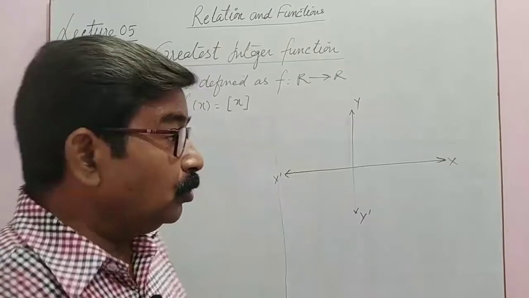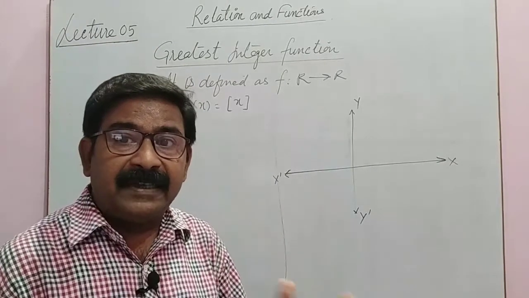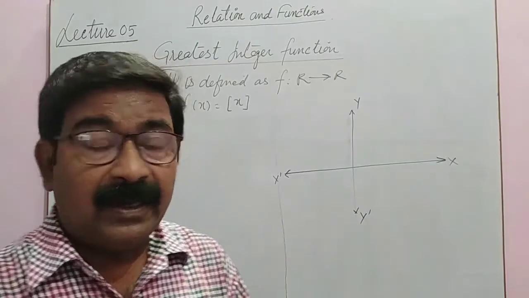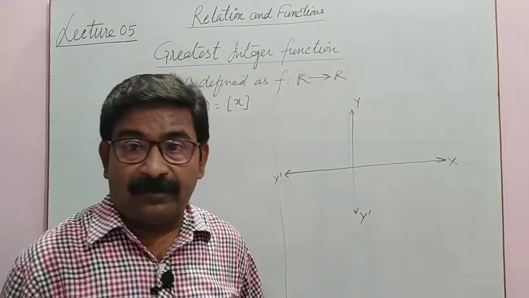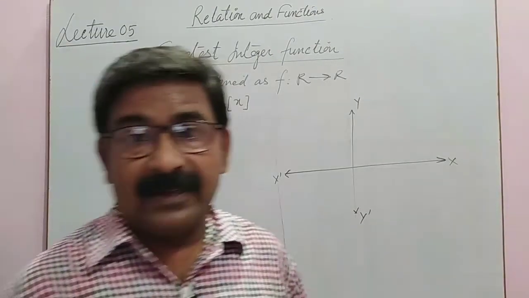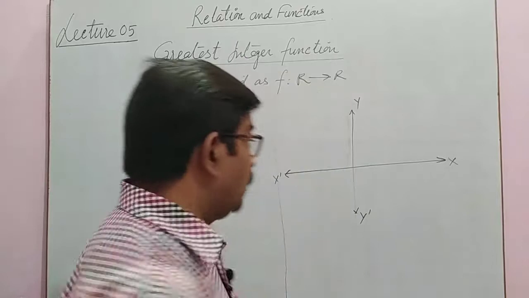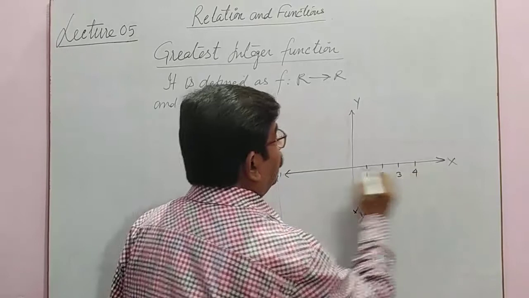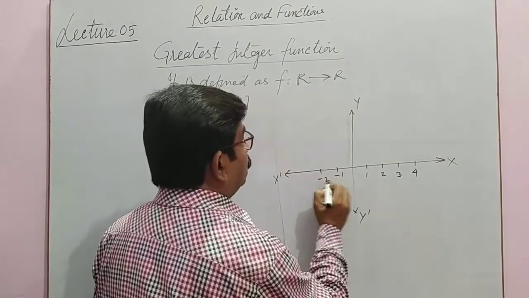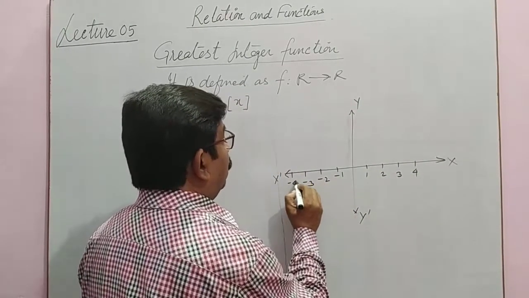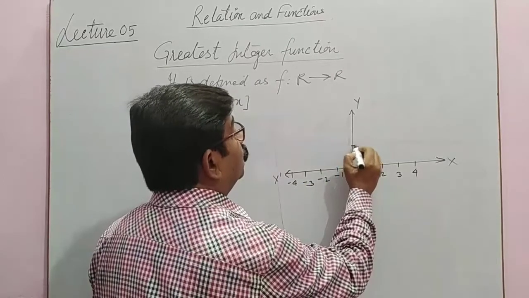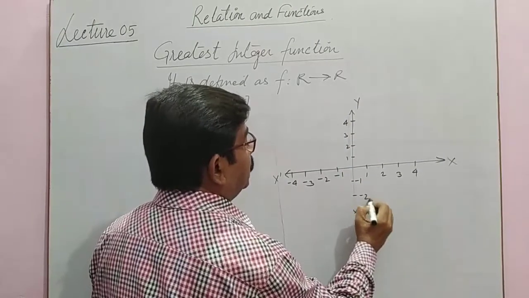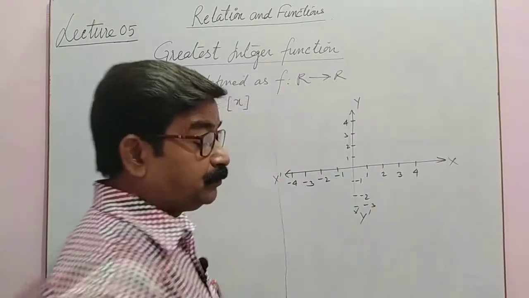Whatever number is given on the x-axis, like suppose x is equal to 2.5, x is equal to 3.9, x is equal to minus 2 point something, suppose I am writing here 1, 2, 3, 4, and here minus 1, minus 2, minus 3, minus 4, and so on.